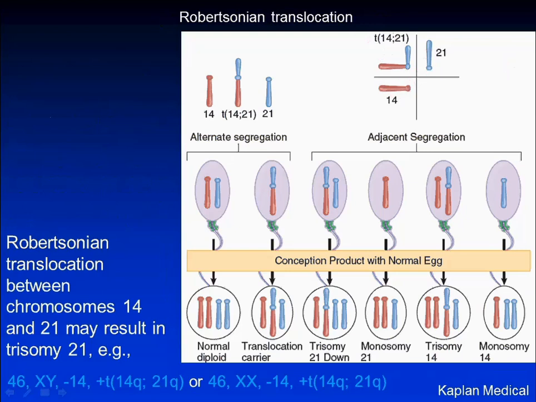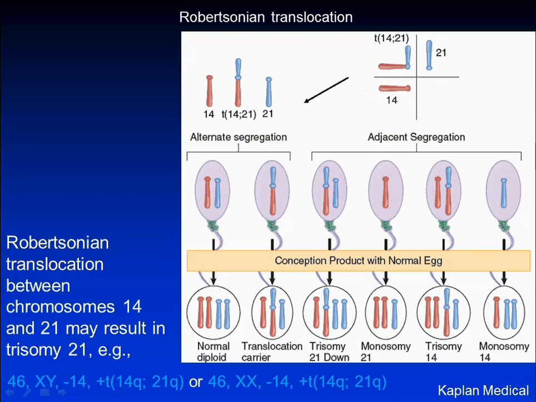For alternate segregation, chromosomes from diagonally opposed quadrants enter gametes. It results in balanced chromosome. When one of these sperm fertilizes a normal egg, it results in a normal child and a child who carries Robertsonian translocation.